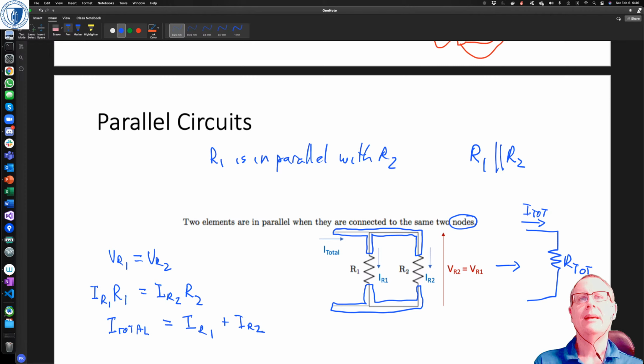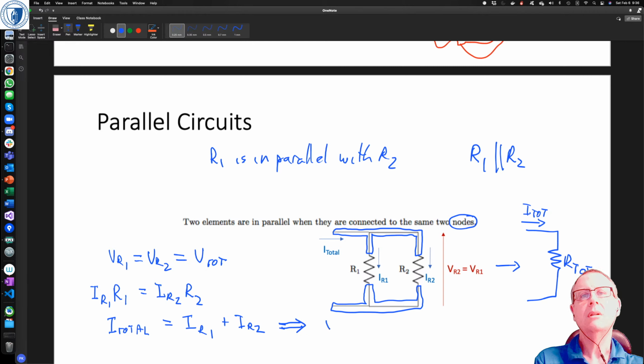And then let's rewrite that equation in terms of voltage. The voltages are all the same.